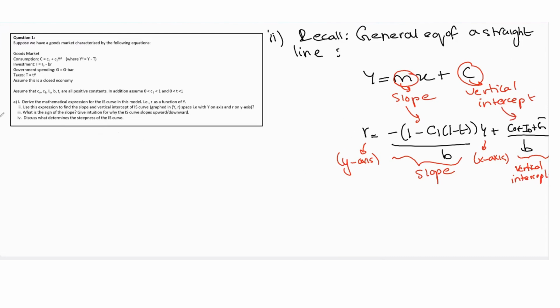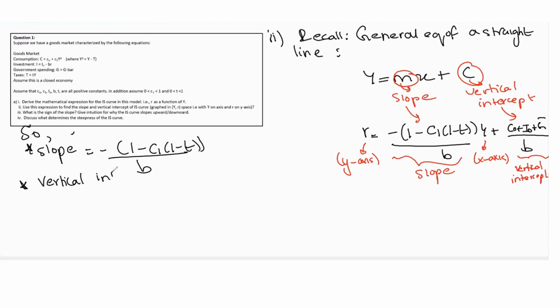So the slope is minus (1 minus C1)(1 minus T) divided by B, and the vertical intercept is simply C naught plus I naught plus G bar divided by B.